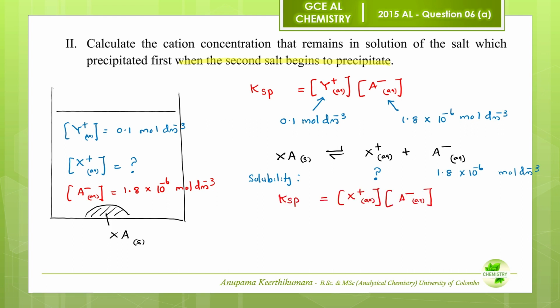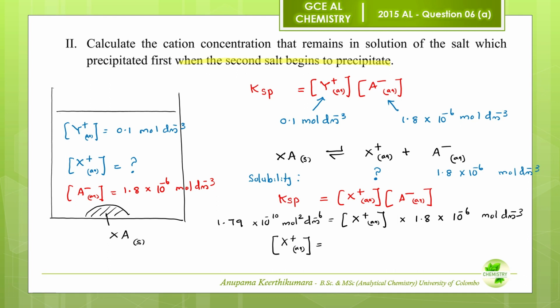Ksp of XA is 1.79 times 10 to the negative 10th equals X plus ion concentration times A minus ion concentration, 1.8 times 10 to the negative 6th.